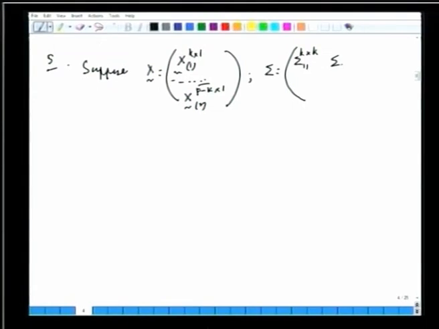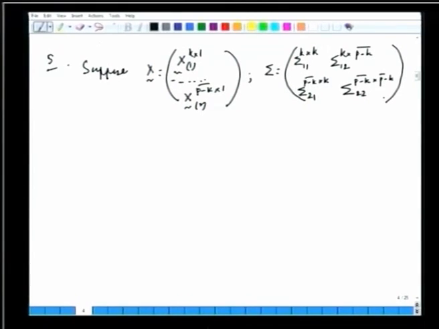Then I have sigma 1 2, which is the covariance between the elements of x1 and x2, so this has dimension k cross p minus k, and the transpose of this matrix is p minus k cross k. Lastly, the variance covariance matrix of the p minus k random variables in x2 is a square matrix of dimension p minus k.